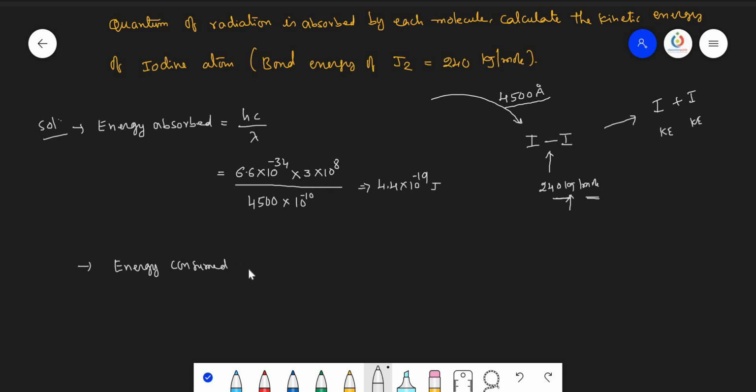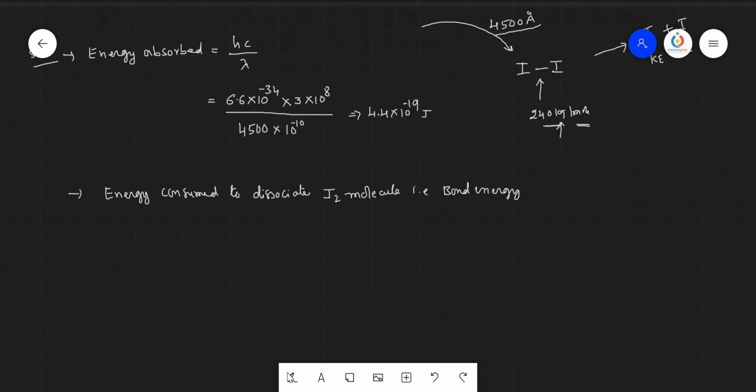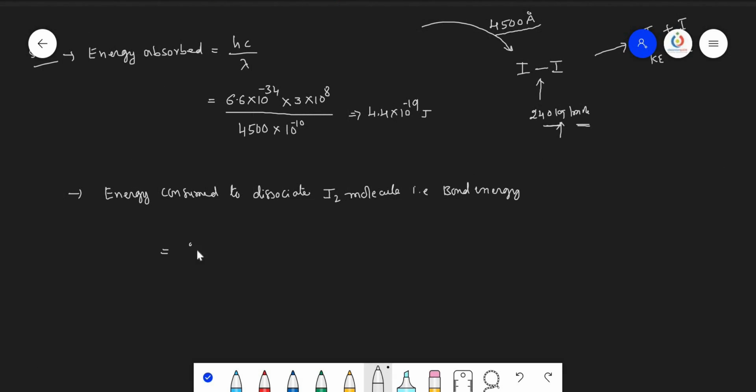Step 2 is energy consumed. Energy consumed to dissociate the I2 molecule is what we call the bond energy. So for each molecule, how much energy was used? Let us take here 240, it was given in kilojoules, we just converted it to joules, into 10 power 3 joules per mole, divided by 6.022 into 10 power 23.